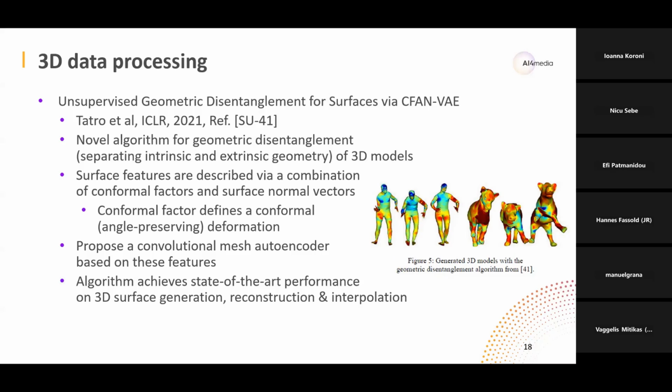And based on these features, they are proposing a convolutional mesh autoencoder, and they are showing that in a couple of 3D tasks like 3D surface generation, but also reconstruction and interpolation, the approach is really state of the art.